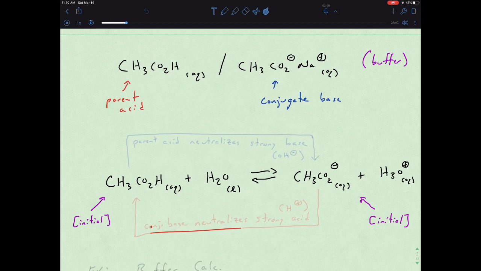So, if strong base is added to the buffer, that means that the parent acid of the buffer system can neutralize that.